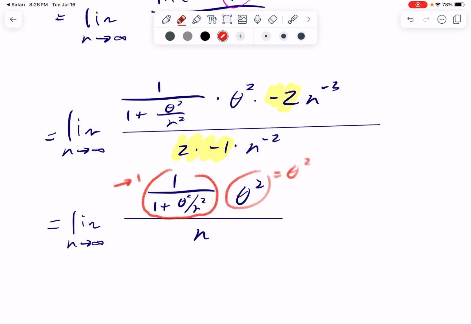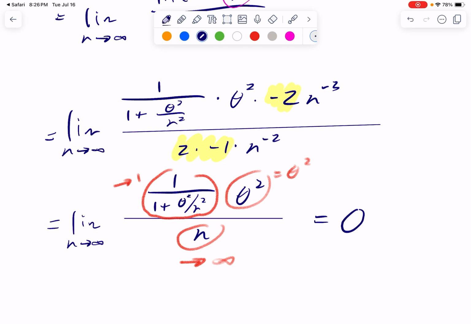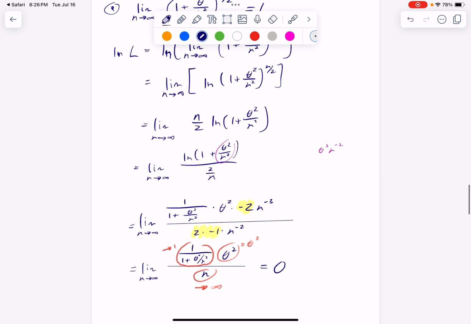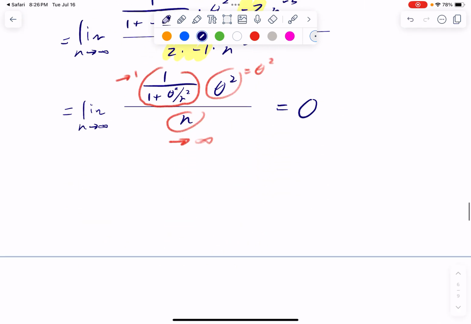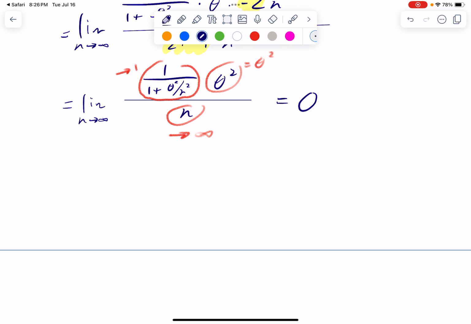So our numerator is theta squared, some specific number. But our denominator here is growing infinitely big. So regardless of what theta squared is, we're dividing it by bigger and bigger numbers. So that limit is 0. So now let's remind ourselves what we were actually calculating here is natural log of L. So let's just summarize.